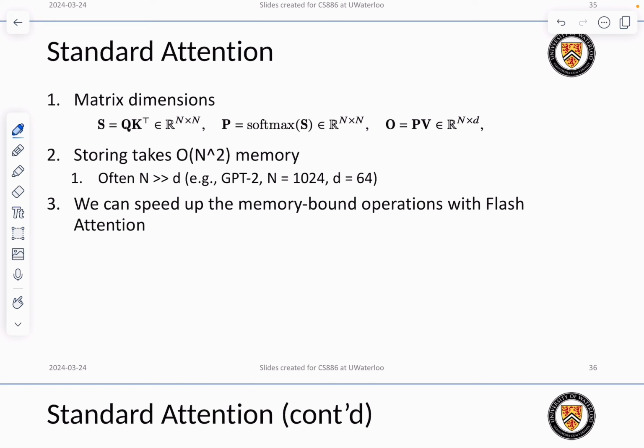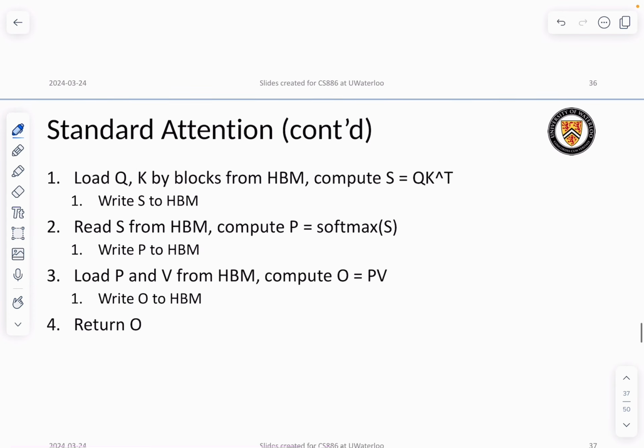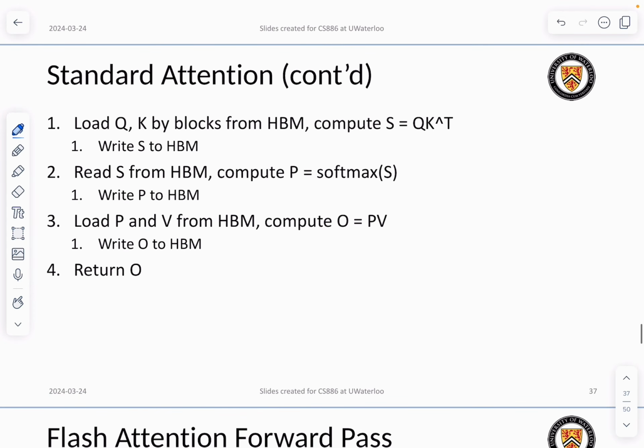And just as a reminder of the matrix dimensions, storing takes O(n) squared memory because of this. So let's get into flash attention. And before that, let's just go over standard attention again.